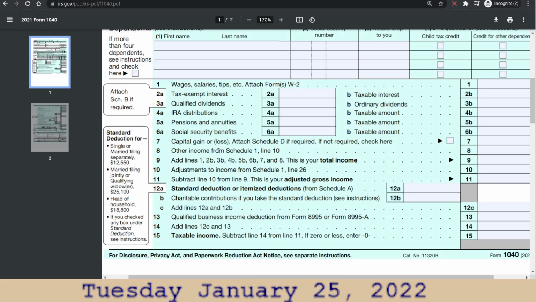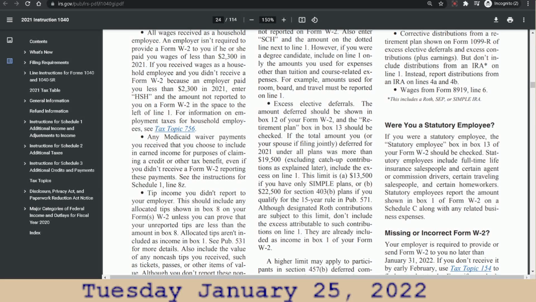Which other income from Schedule 1, line 10, right here. Wait. Is that where it goes? See? This is how people check this out. Oh.